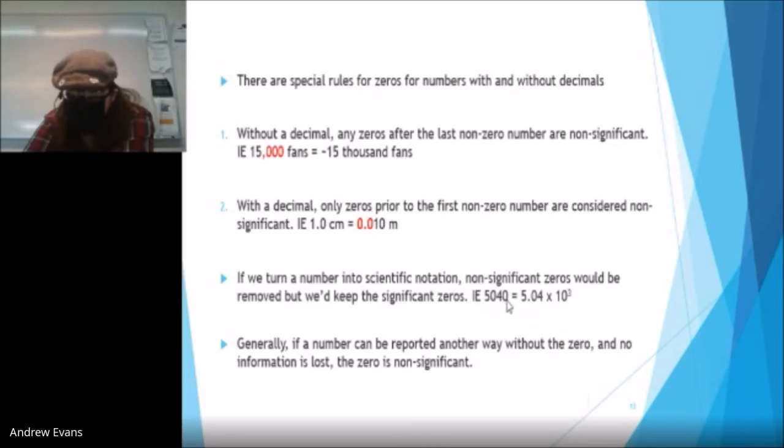I had to move the decimal 1, 2, 3 places, so times 10 to the 3rd. What that is basically saying is, I know there is 5,000, I know there are 0 hundreds, I know there are 4 tens, but I don't know how many ones there are. It could be 4 ones, it could be 5 ones. It could be somewhere between 35 and 44, so that it rounds up or down to 40.